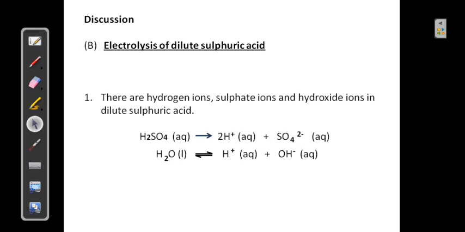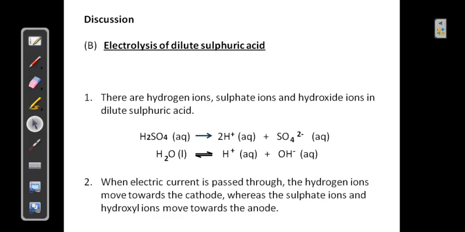Then of course the water molecule will be partially ionized, so we have the H+ and the OH- in aqueous form. So when electric current is passed through, the hydrogen ions move towards the cathode, whereas the sulfate ions and hydroxide ions move towards the anode.